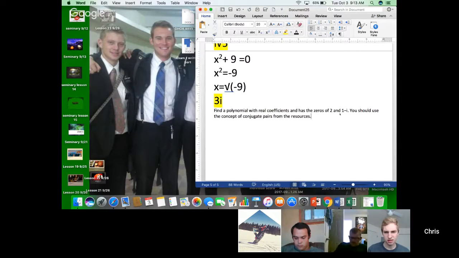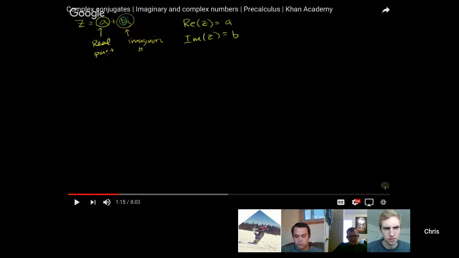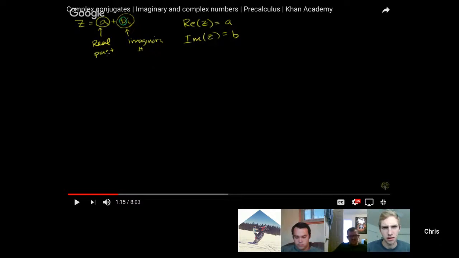So z equals 2 plus 1 minus i. And they say we bring the imaginary value over to z. Is that what they said? Something like that. I'm not even sure. Oh, it's just to find b if you have the imaginary and the z, and then the other way around, or something like that.